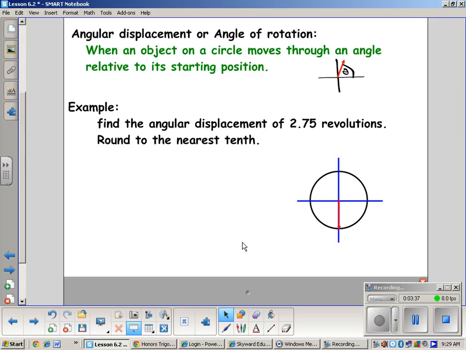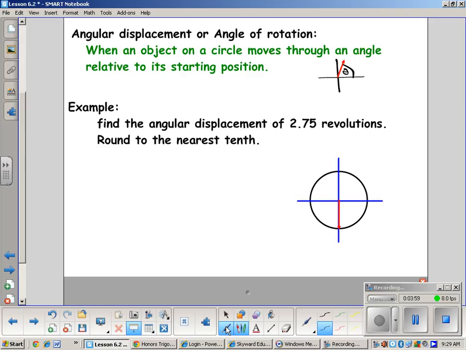Megan, you want to say out loud what you said before? Take 360 and times it by 2.75. Last chapter, that had been a perfect answer. But this chapter, we're dealing with radians, and everything we do from here on out needs to be in radians, in the rest of this lesson, I mean.